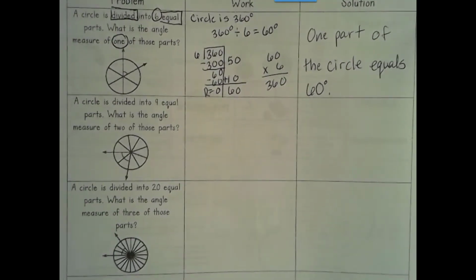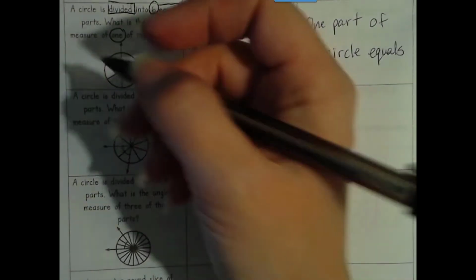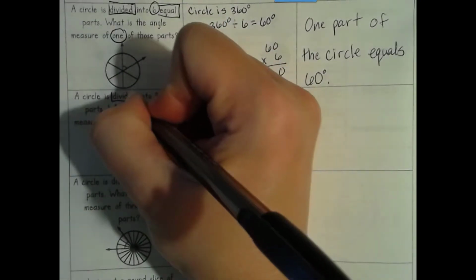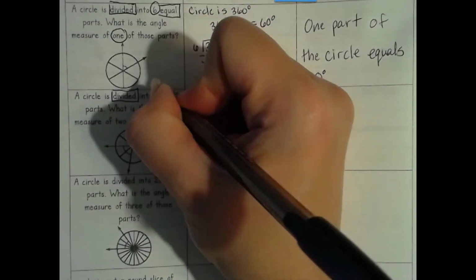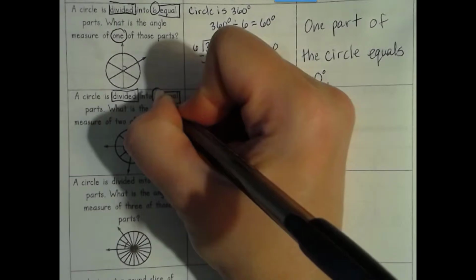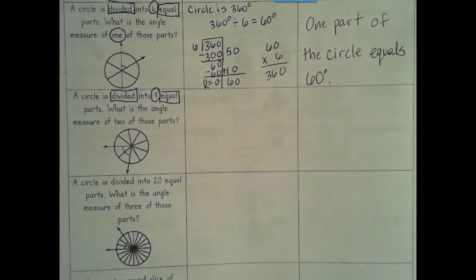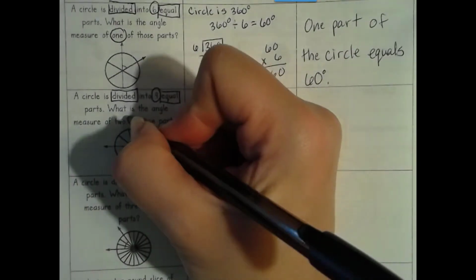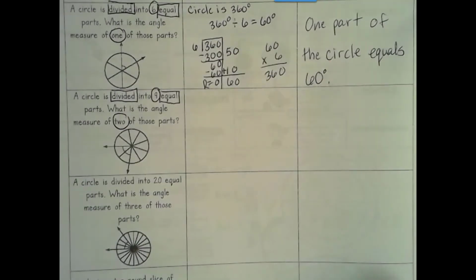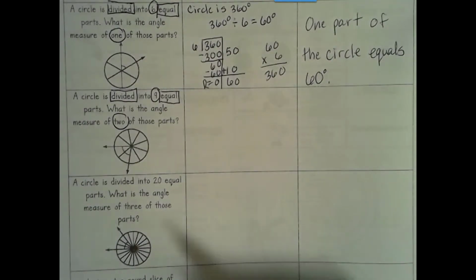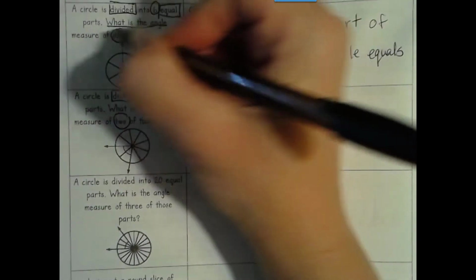Next one. A circle is divided into 9 equal parts. What is the angle measure of 2 of those parts? Oh, we're being tricky. I forgot to underline my question.